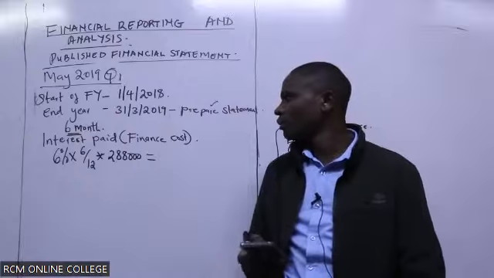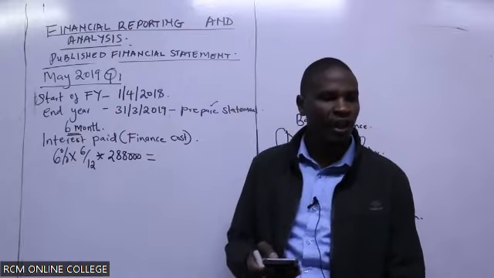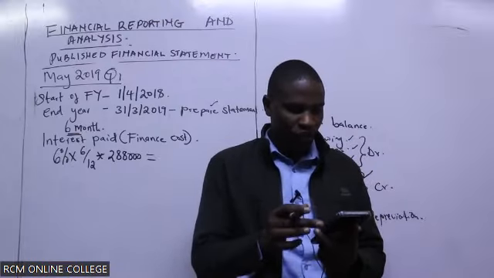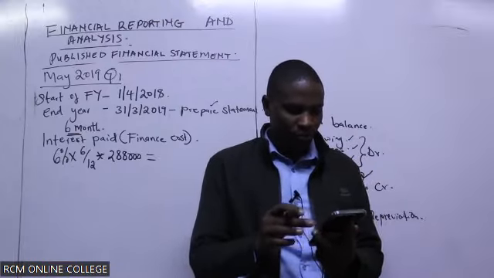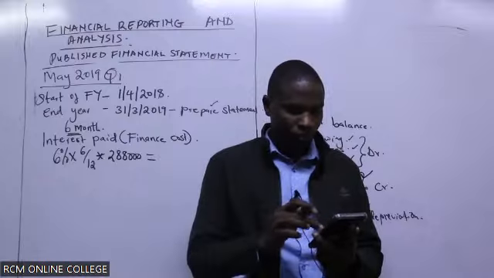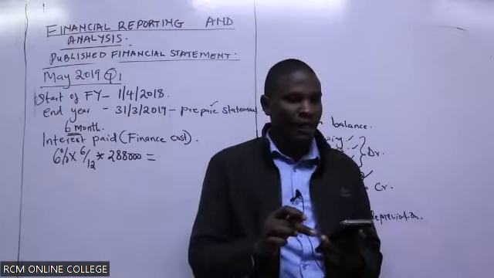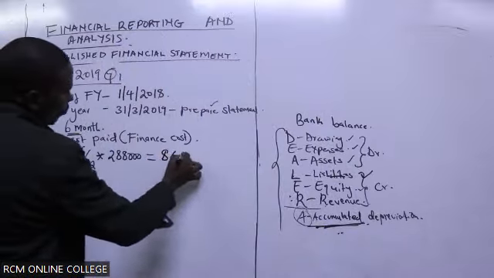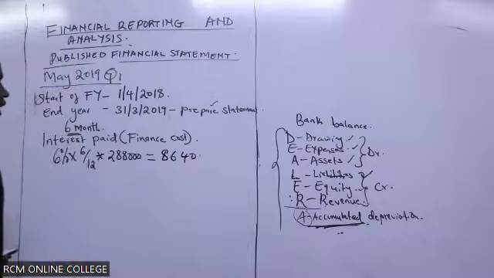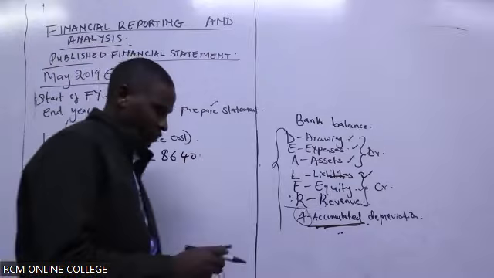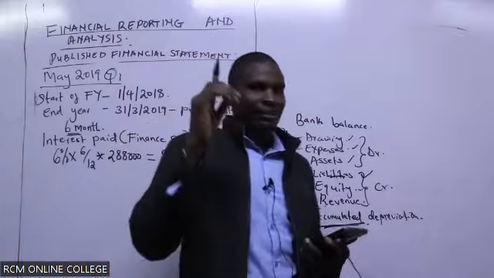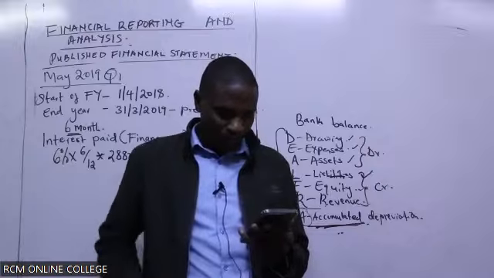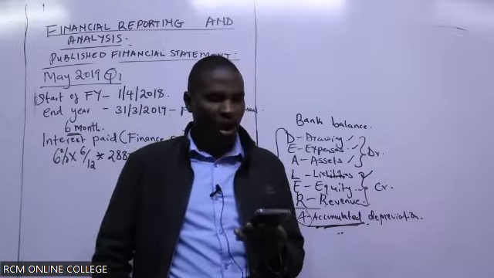You are supposed to give me now the interest here. 8,640. Thank you so much. 8,640. That will be the interest to be charged, the interest to be charged for the half year.